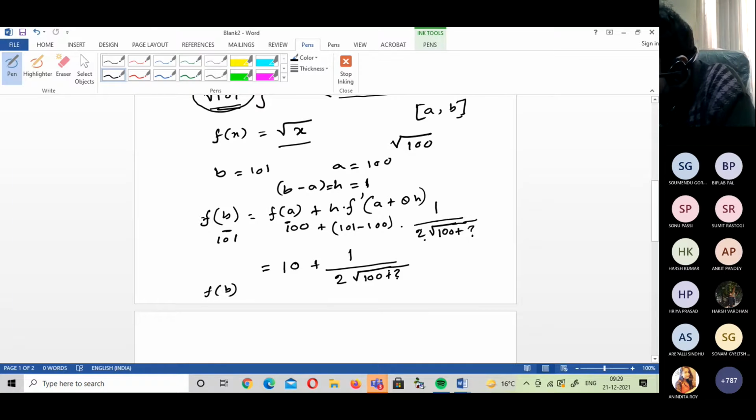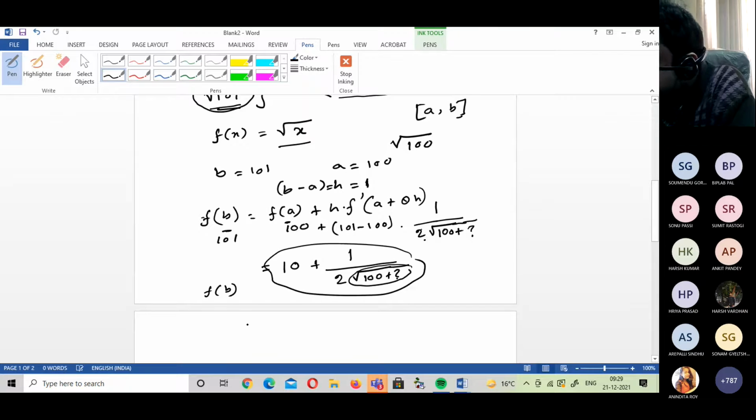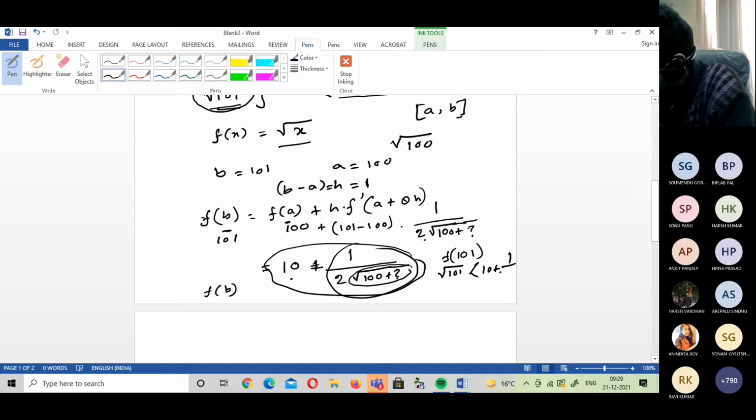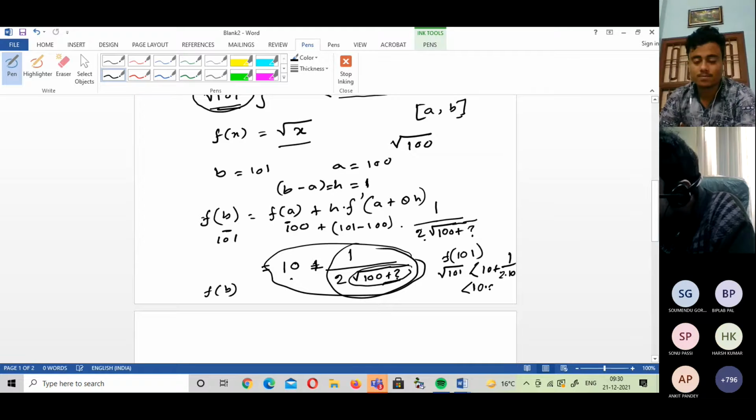Here you see, if you increase the denominator, the total value will decrease. So obviously f of b, or f of 101, or root over of 101, is less than 10 plus 1 by 2 into 10, because if you increase theta, it will always be less than 10.05. Okay.